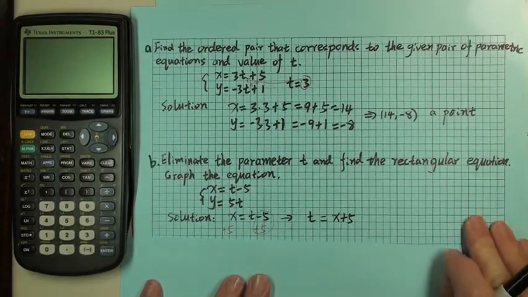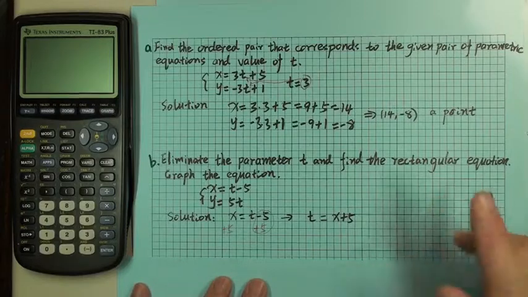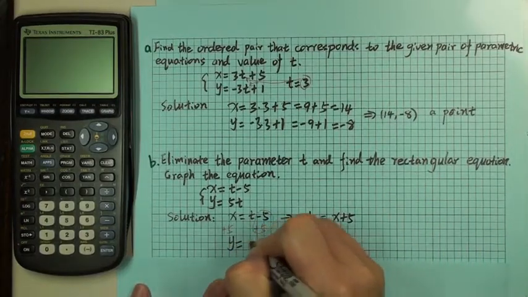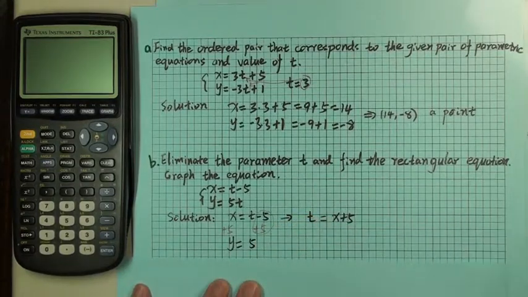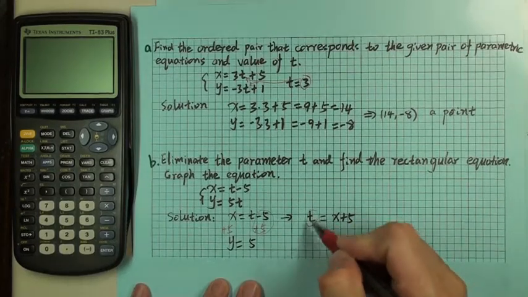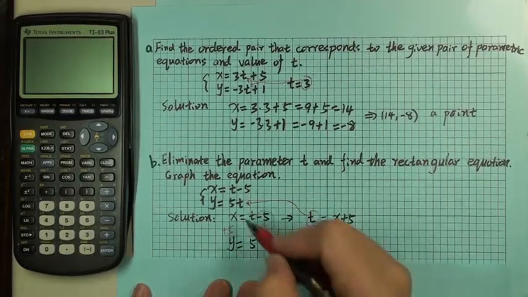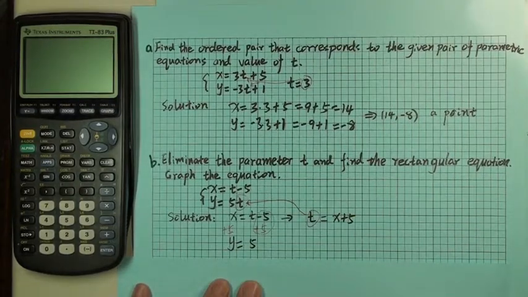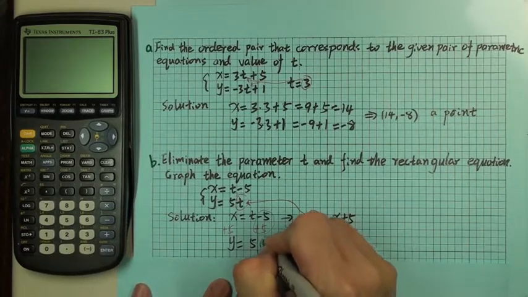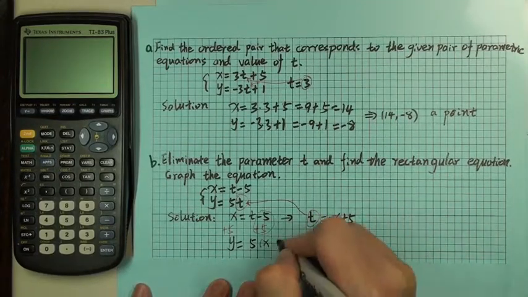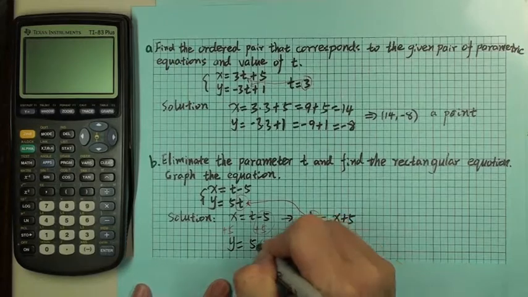So then what you get is y equals 5t, but this t you plug in here, and then you get 5 times x plus 5.